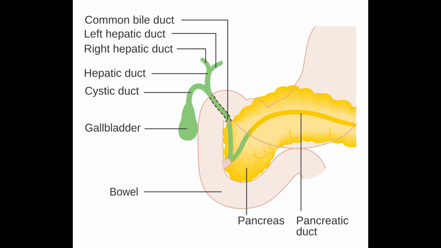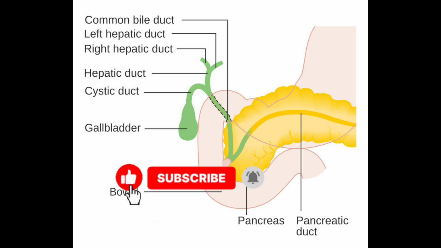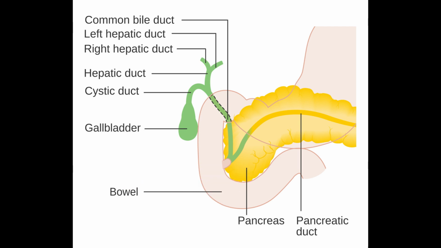Now we have the hepatic ducts, the right and the left. They join together as they come out of the liver and form the common hepatic duct. Then the common hepatic duct is going to be joined by the cystic duct, which is coming from the gallbladder. And when they join together, they're going to give us what we call the common bile duct.